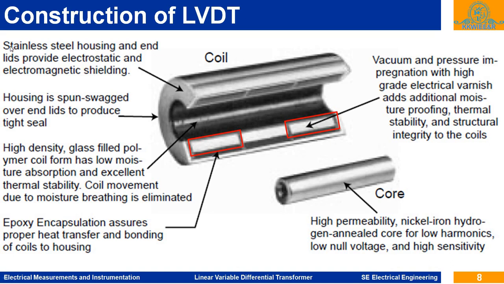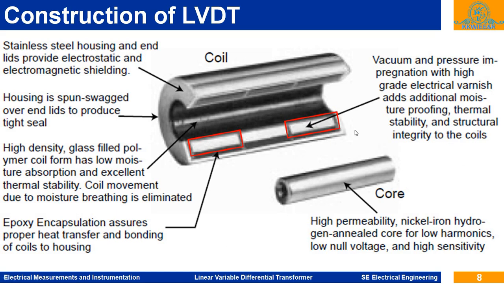These coils are placed in the stainless steel housing, and between the stainless steel housing and the coil, the epoxy material fills the gap and provides proper heat transfer. The heat generated in the coil is transferred through the epoxy to the stainless steel housing, so that there is proper bonding between the housing and the coil, which helps the heat transfer.